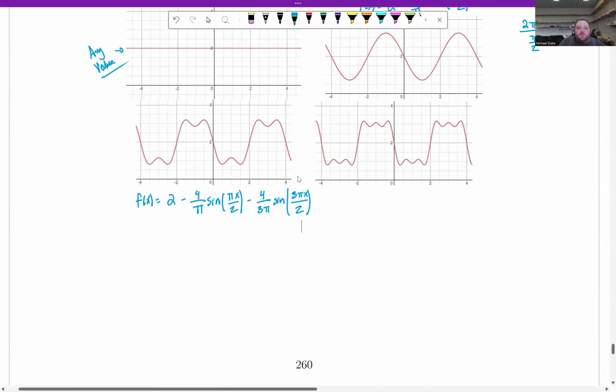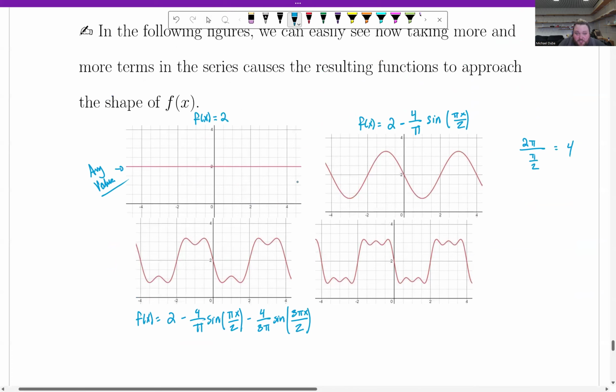Okay, good. And so we see here that now it's starting to fluctuate around the heights that we're looking for. Because remember, it should be like here, and then here, and here, and this is looking there. So it's starting to approach that.